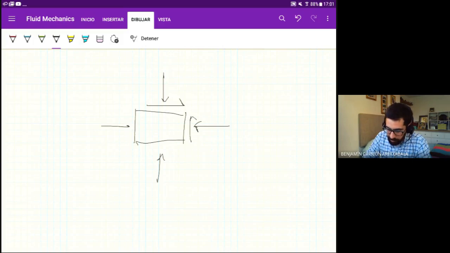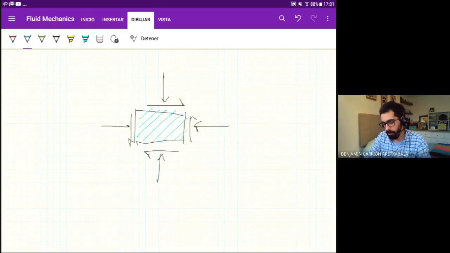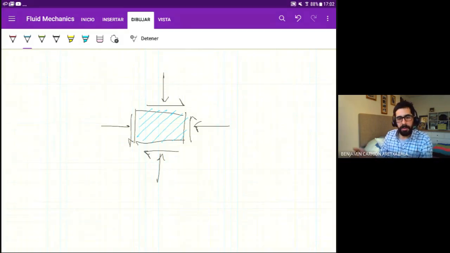So you're going to have, and this normally goes like this, right? So let me, and this is going to be like a very small unit of fluid in our case. Okay, and we want to compute the distribution of these forces, of these stresses.